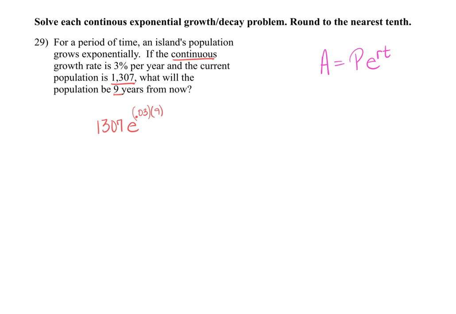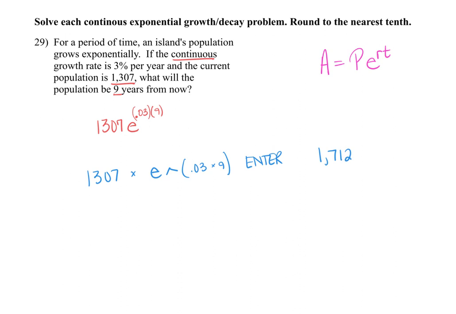And then you can do all of this in your calculator. You can say 1307 times, this is the number above your ln. It is going to usually open the exponent, and you're going to say 0.03 times 9, close parentheses. For population, how do you think you should round? To the whole. We're talking about people, okay?